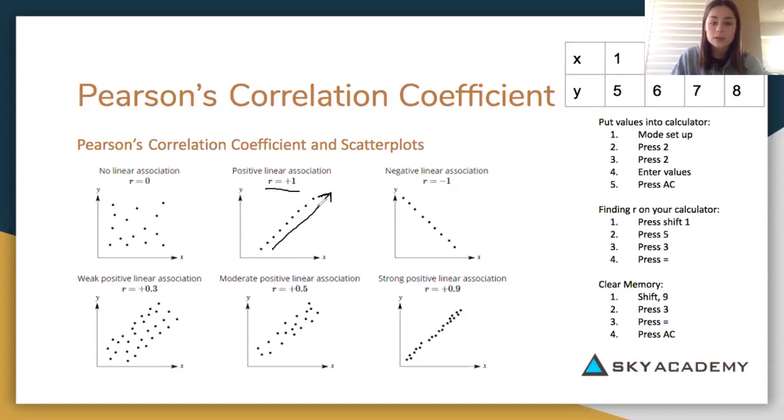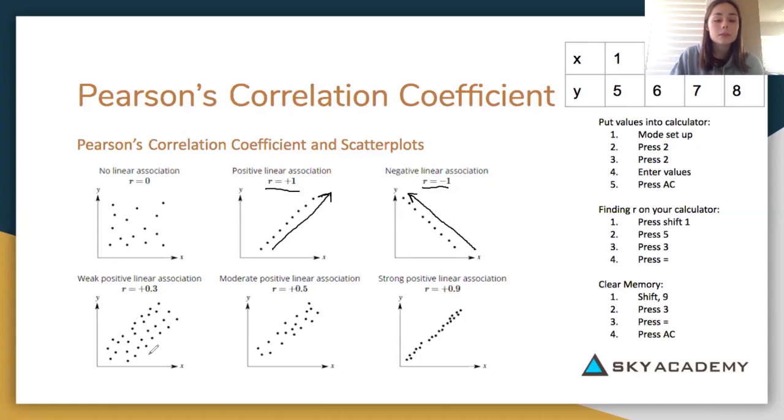That's a positive linear association where R is positive 1. When R equals negative 1, it again is a strong correlation, but it's negative and it travels in the other direction. So as x is decreasing, y is increasing. It's negative. They do the opposite. These two both increase together, and this one, they do the opposite.